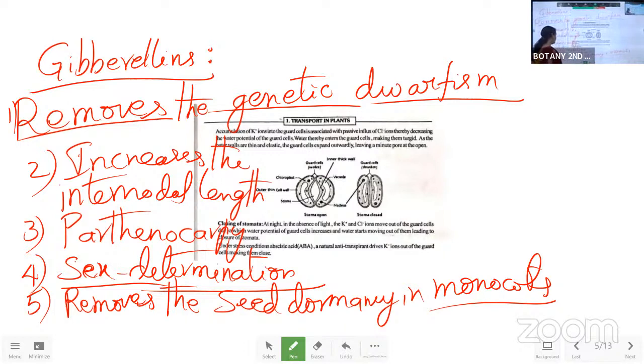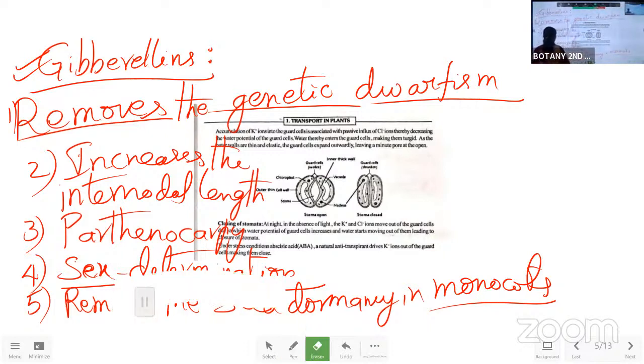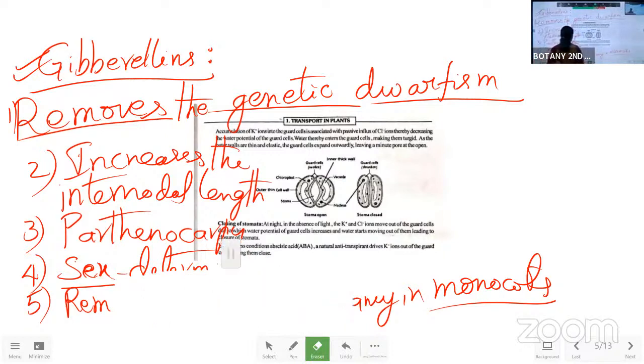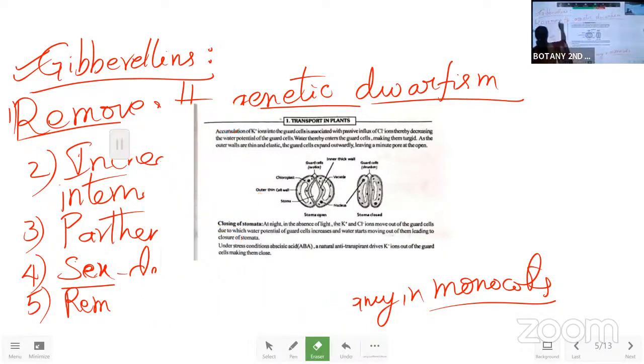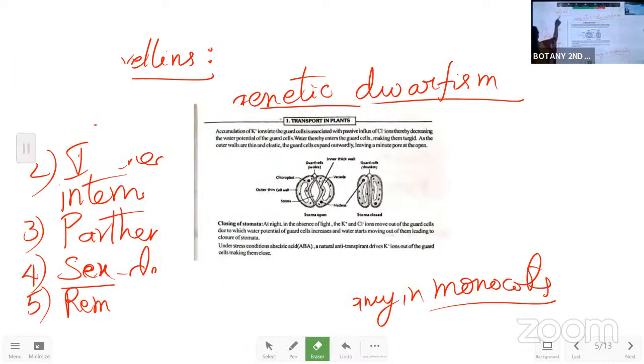Okay, that is only possible with the gibberellins, and it removes bolting. That is, the buds are going to show proper growth by the application of the gibberellins in them.